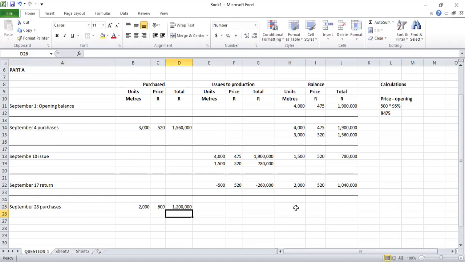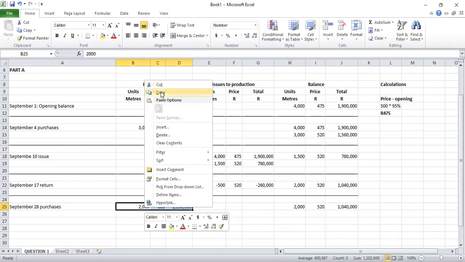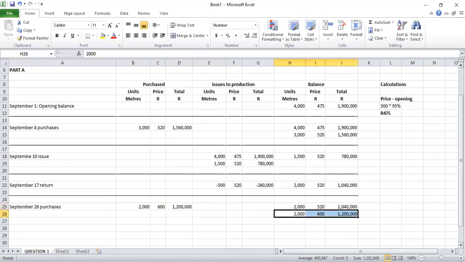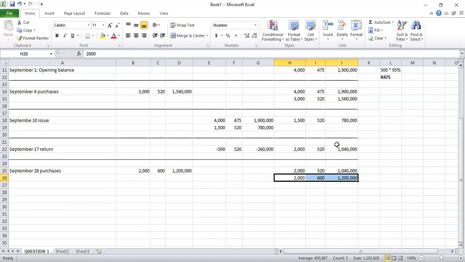Then our balance would be the 2,000. These ones are still there. So we'll have the 2,000 at 520, which is 1,040,000. Then we'll also have these ones. Right, that is our last day. Then we find our balance.